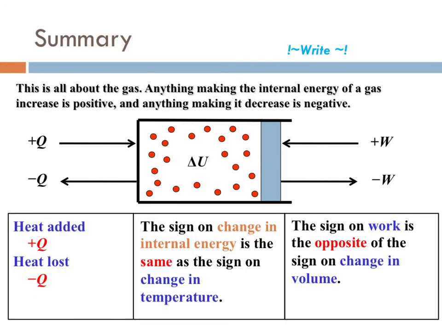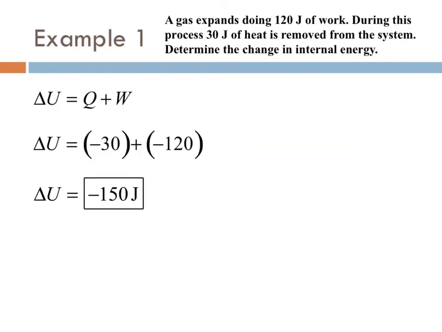This is a summary of everything we just talked about. In this example, you have a gas that expands by doing 120 joules of work. So here, some key words is that we are expanding, and the gas itself is doing the work. So we are going to have a negative work done by the gas. During this process, 30 joules of heat are removed.